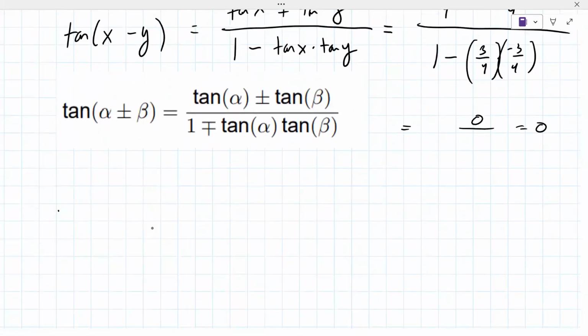So one you might get, we'll just keep it kind of simple. Let's say it was tangent of 45 plus 45.